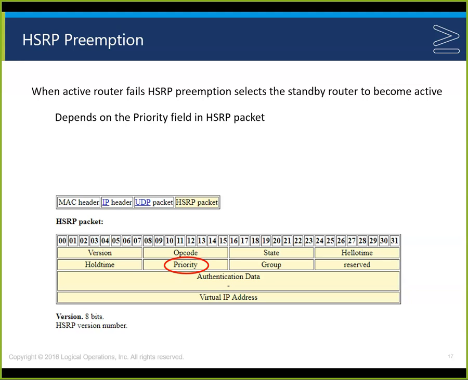In the failure, it will activate the other one. What would happen if we don't have preempt enabled when the active router comes back online? Unless preemption is enabled, it won't take over. And that's why we have to configure the preempt command, which we did on that. High priority wins. Equal priority defers to the higher IP.